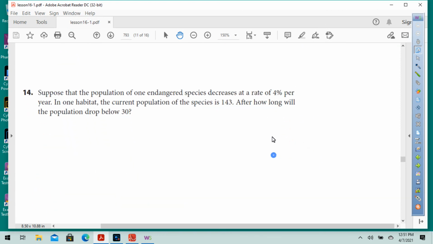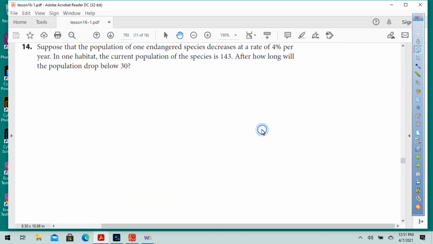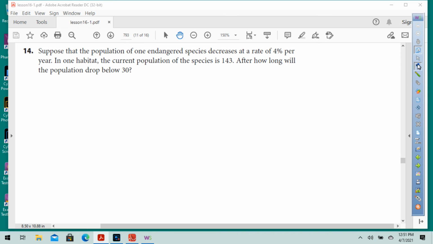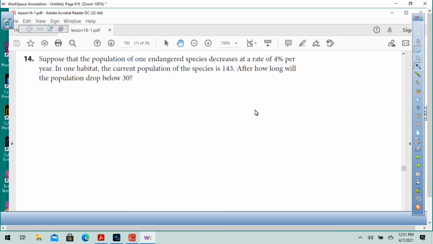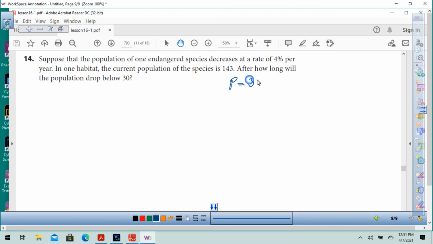And let's try number 14. Suppose the population of one endangered species decreases at a rate of 4% per year. In one habitat, the current population of the species is 143. That's one habitat. How long will it take the population to drop below 30? So we might say that the principal is 30.